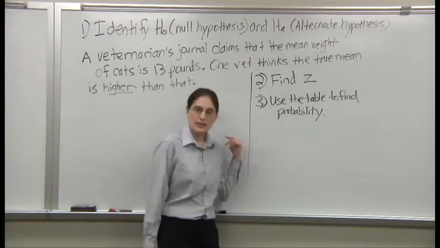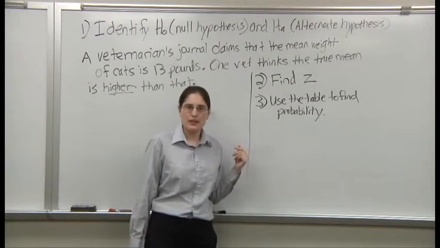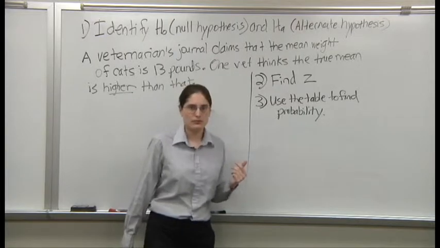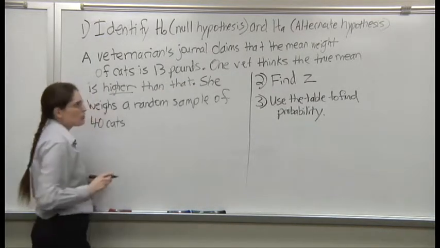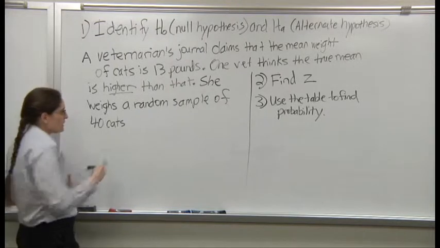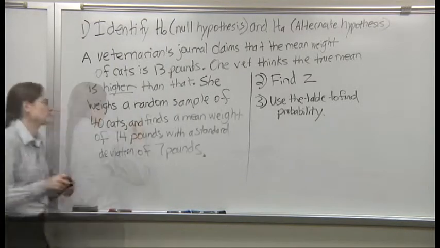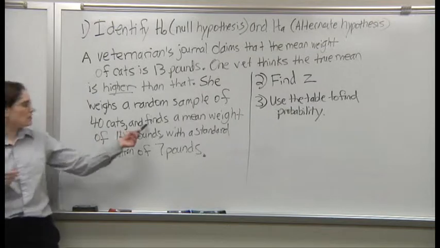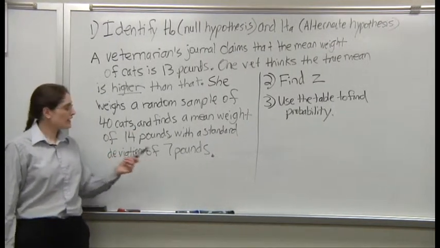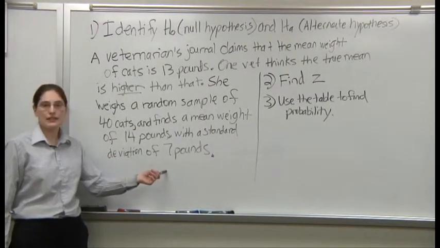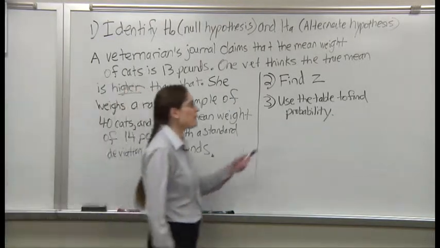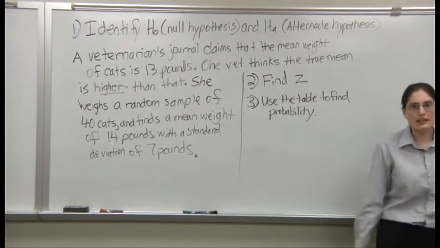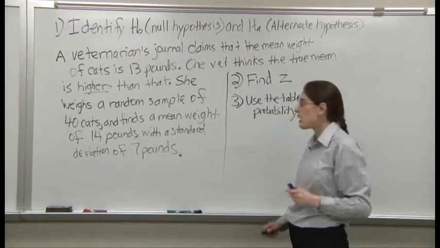So, let's say this vet goes out and weighs a bunch of cats and finds their sample mean. She weighs a random sample of 40 cats. She finds a mean weight of 14 pounds and a standard deviation of 7 pounds. Now we have enough information to find z and then find the probability.